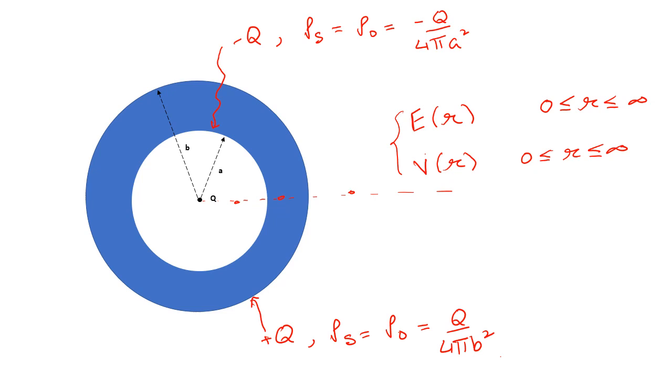Because if I can use Gauss law, I would first calculate the electric field and then I will calculate the potential from that electric field. And in this case, yes, the answer is an obvious yes. Everywhere I go, I make a Gaussian surface, which is a spherical surface.